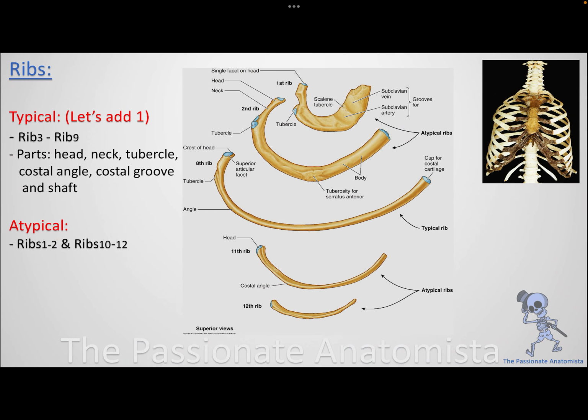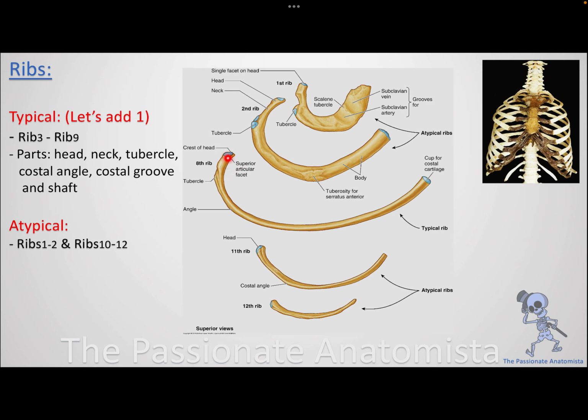Now let's look at the ribs and talk about the atypicals. Talking about the ribs, how would we know the typical ones? We need to add number 1 to our magic number, which is 28. So it's ribs 3 to 9 that are the typical ones. What do we mean by typical?